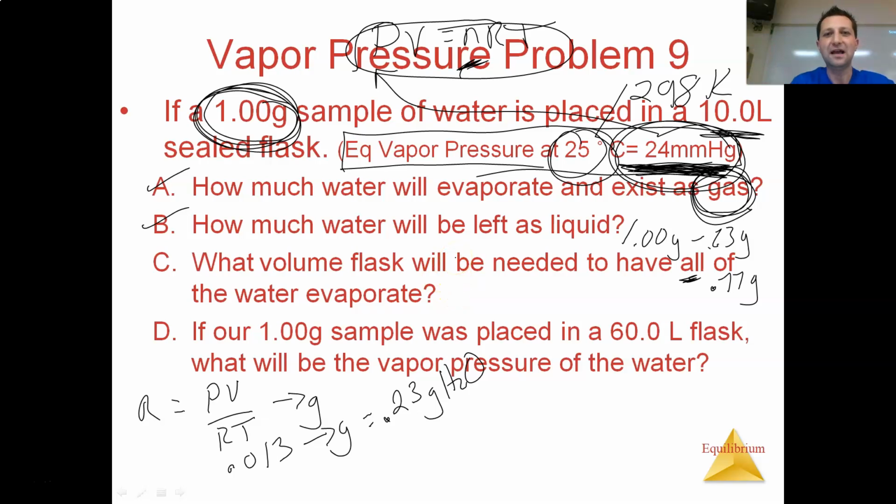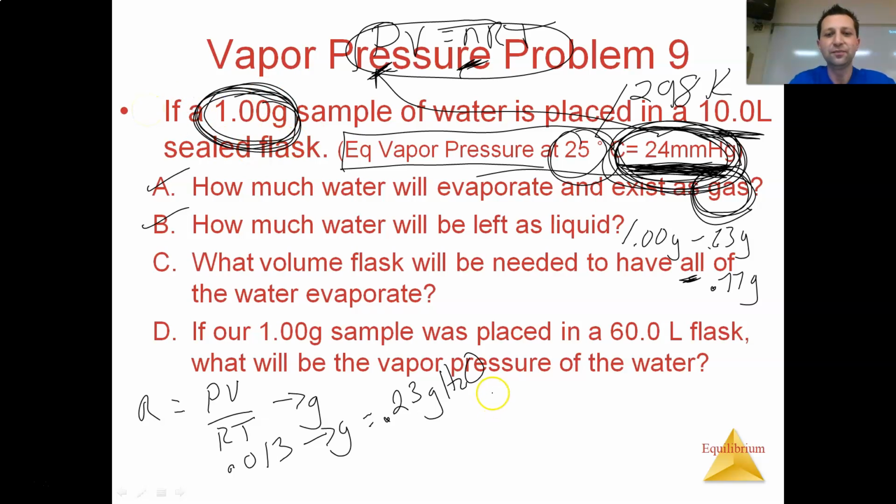So the bigger my flask, the more could evaporate to create that pressure, right? So I know the partial pressure, P. I know that still has to remain 24 millimeters of mercury. I just have a different size flask, right? How big of a flask do I need to get all of this into the gas state?